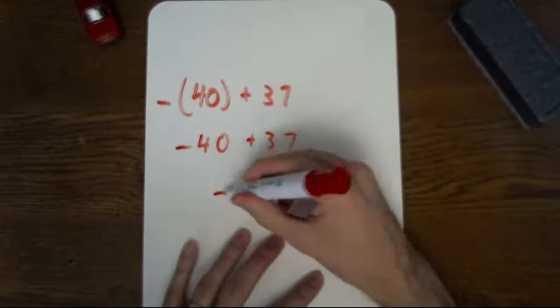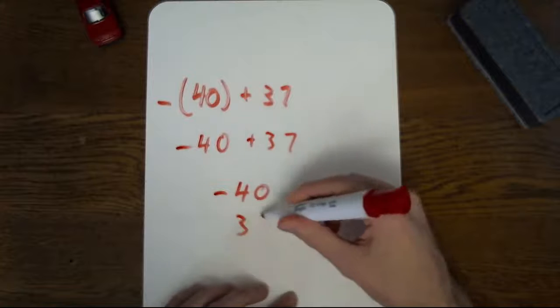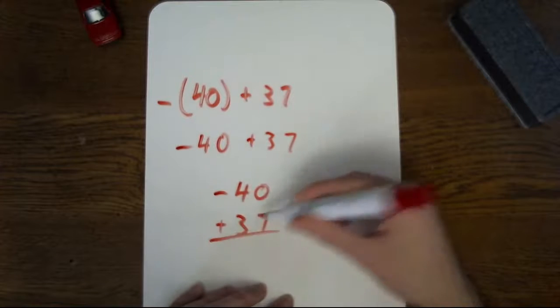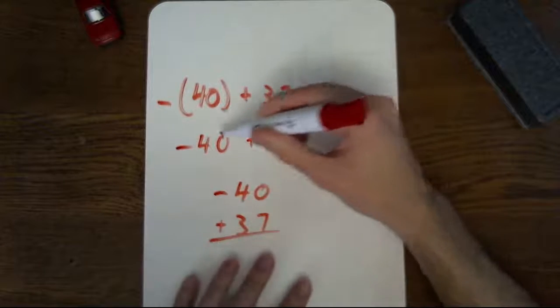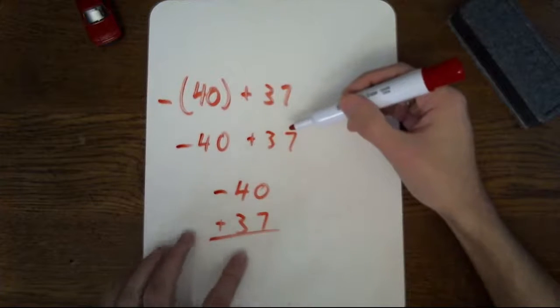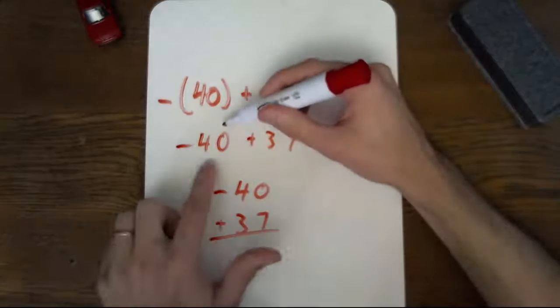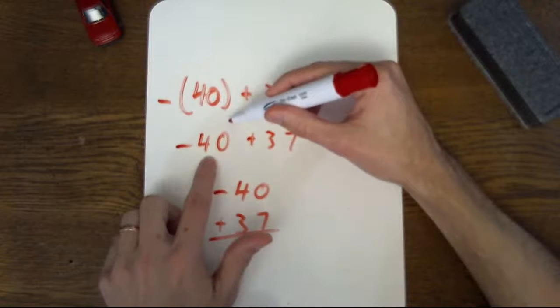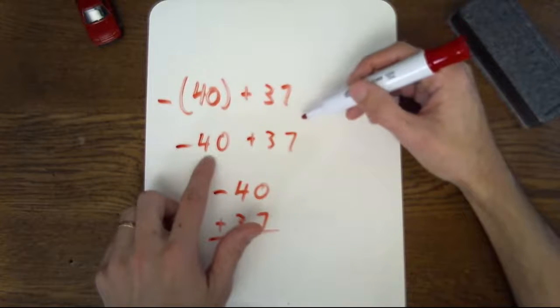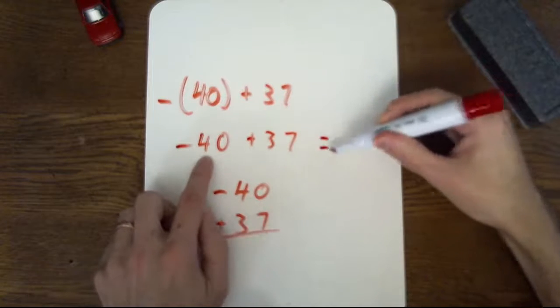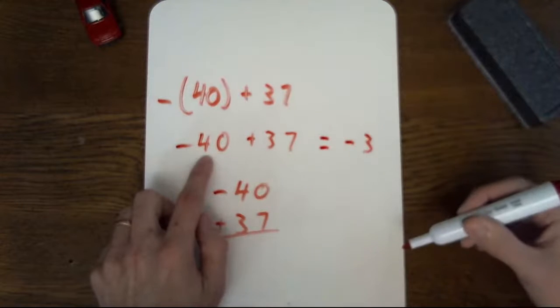And now we can do the vertical stacking. If you find any of this part confusing, I highly recommend vertical stacking. Because I can see, oh, we're 40 in the negative and we paid off $37 of our $40 debt. So how much do we still owe? We still owe $3.